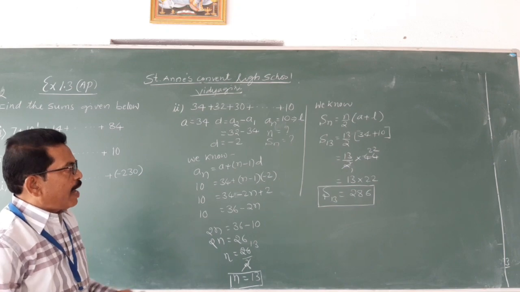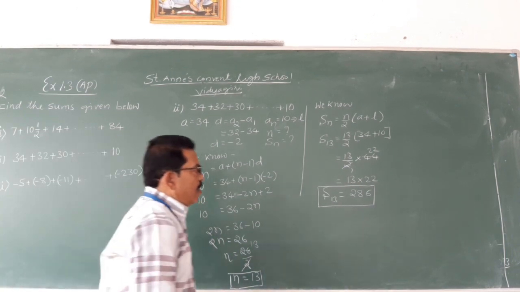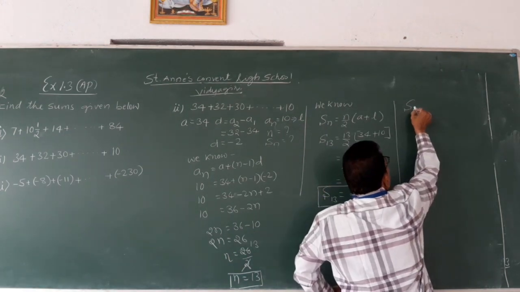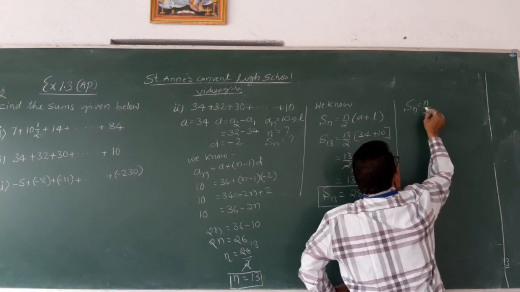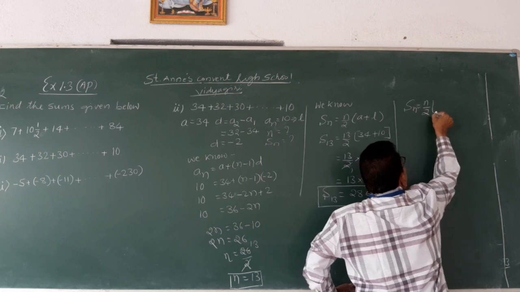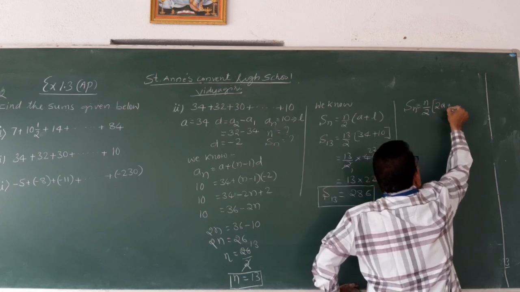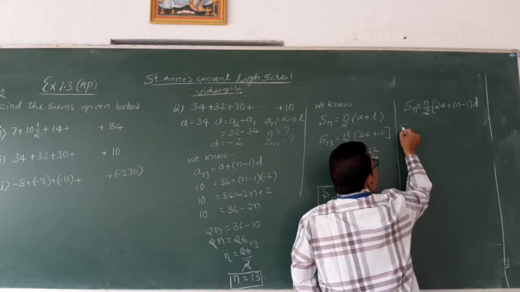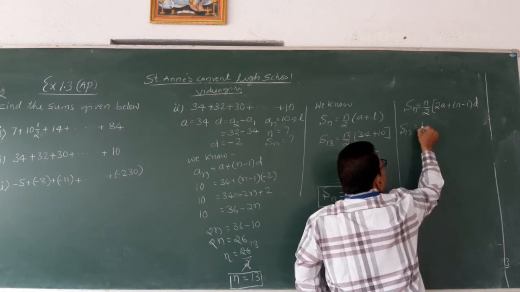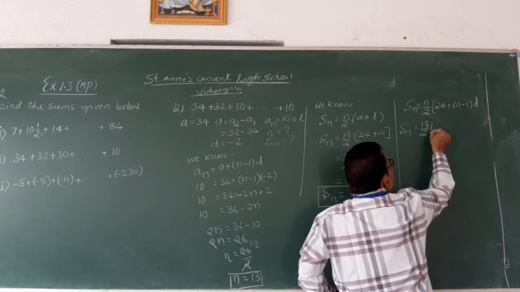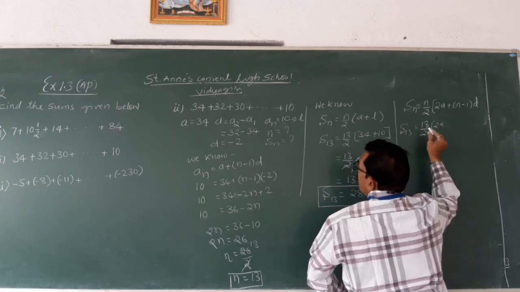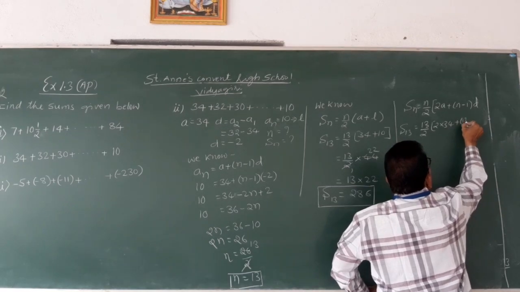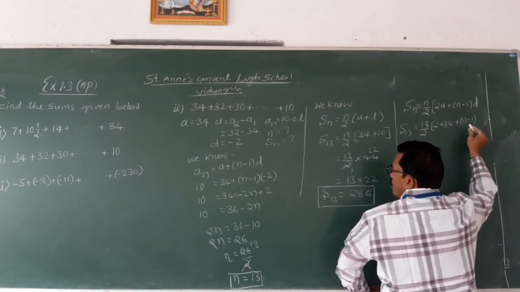You can also apply the long formula. That is Sn equals n by 2 in the big bracket 2a plus n minus 1 into d. That is S13 equals 13 by 2, 2 into 34 plus 13 minus 1 into d.